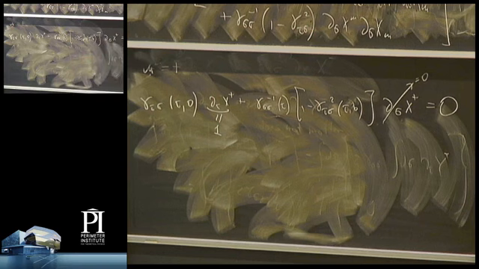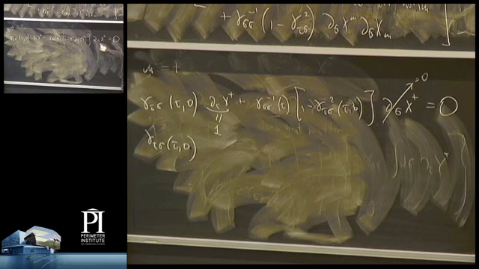That must be equal to 0 because of the Neumann boundary condition. But now you can finally see the benefits of choosing the light cone time.